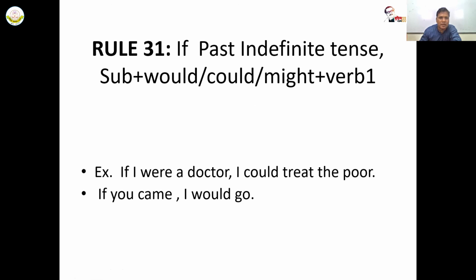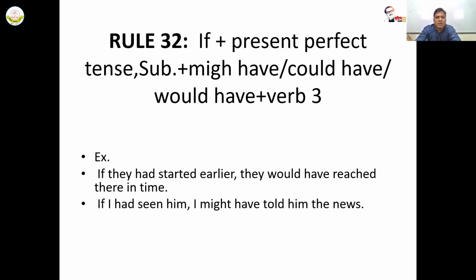Okay, and this one is the third conditional. That means if you find any sentence where one part is the past perfect tense, then the other part will be the perfect conditional.